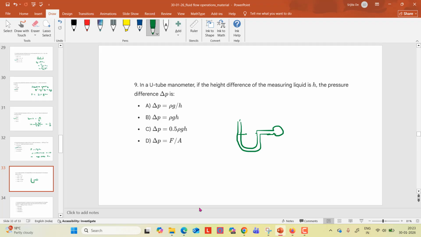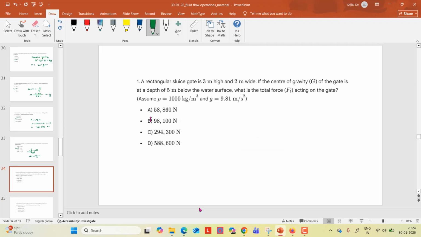If this height difference is h, the pressure difference delta P is obviously delta P equals rho g h. Option B. Next.